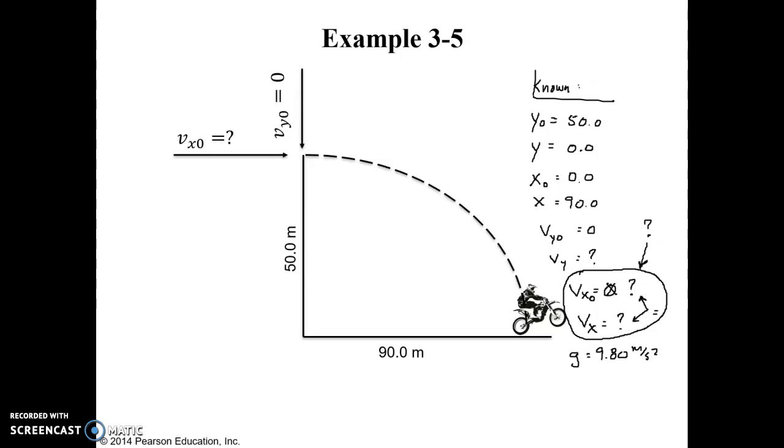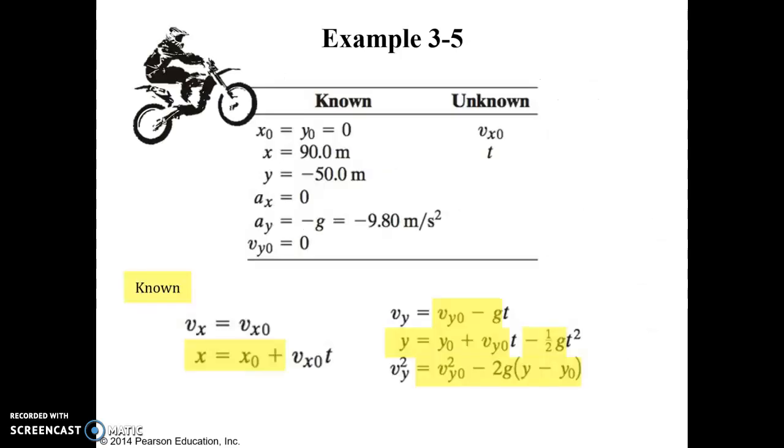So a complaint I often get from students is that although they're given all of these formulas, I give you a formula sheet that you can use, it's difficult to know which formula it is that they're supposed to use. So here we have summarized what I wrote out on the previous slide, what is known and what is unknown. So time is another thing that was unknown. I didn't write it down. Okay, but all this other stuff is known.